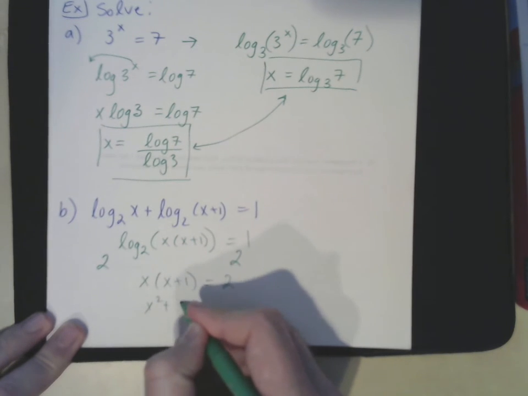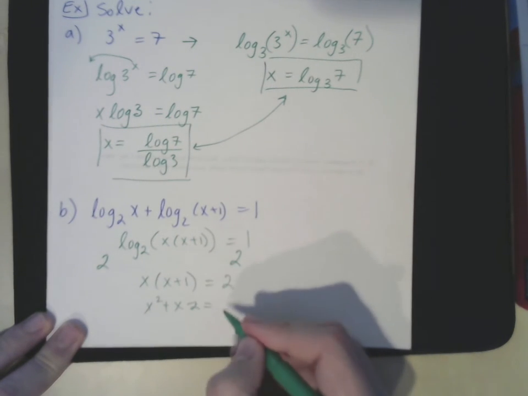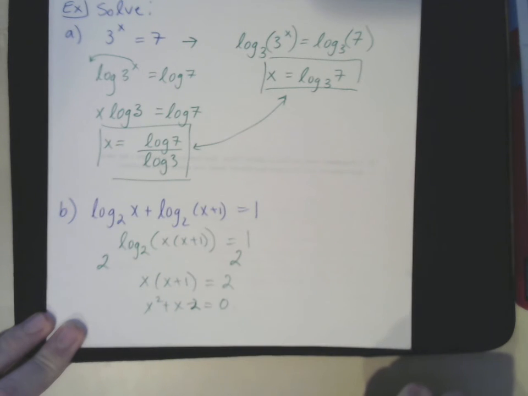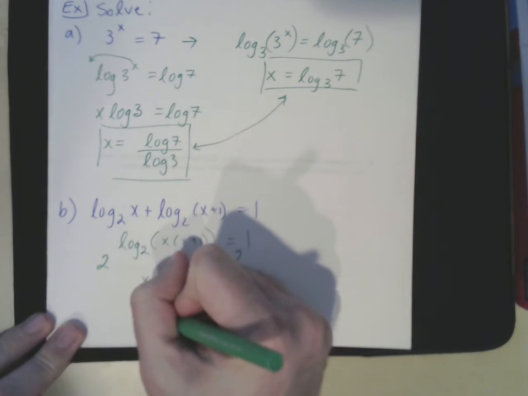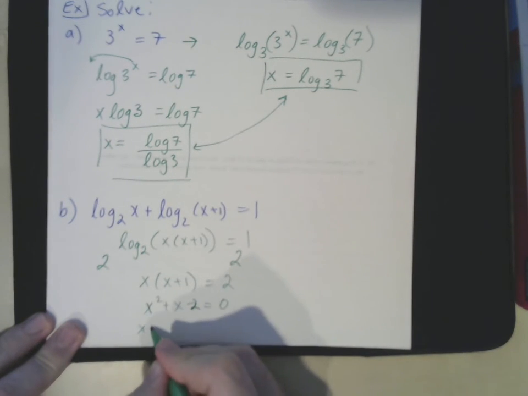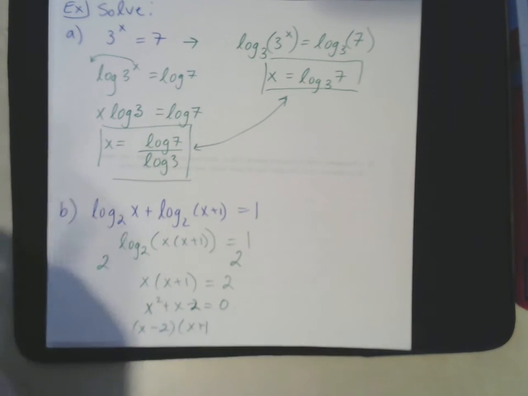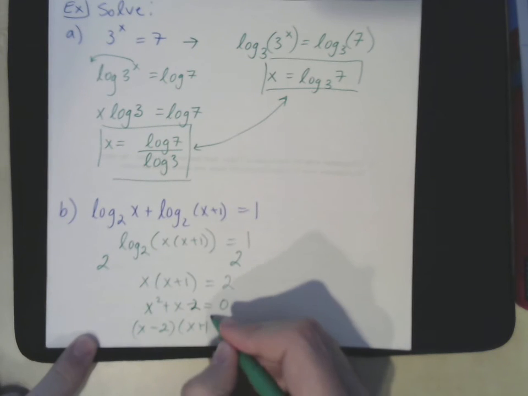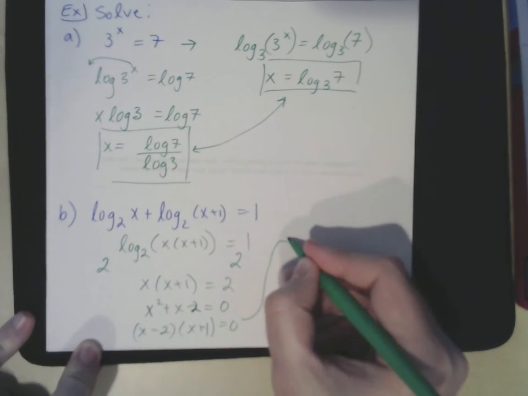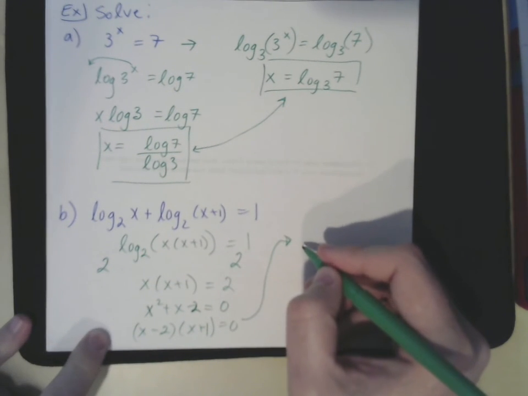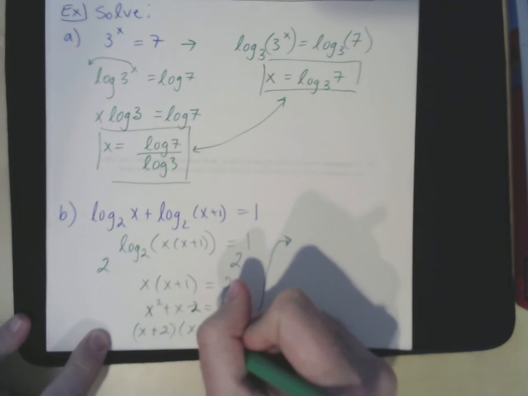Or x squared plus x minus 2 equals 0. Now we're just solving this quadratic. This is going to be x minus 2 times x plus 1 equals 0. Oh no, this needs to be plus 2 and minus 1.